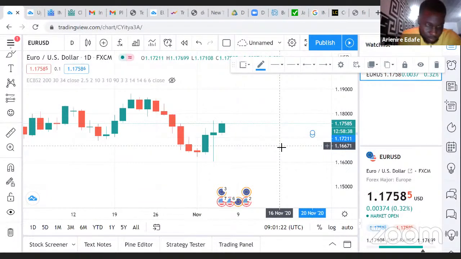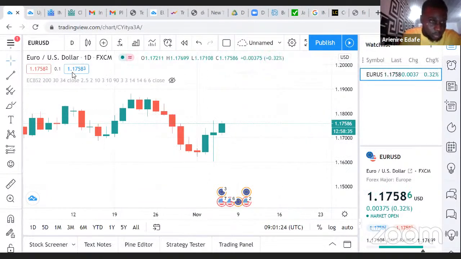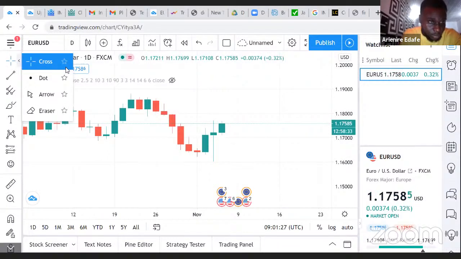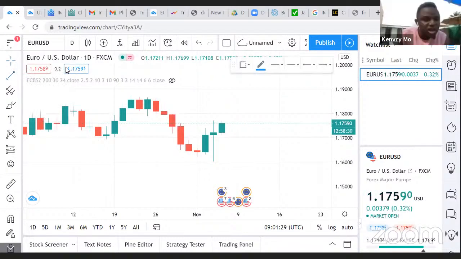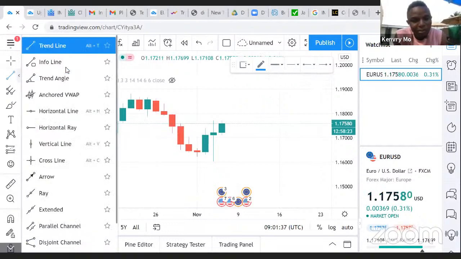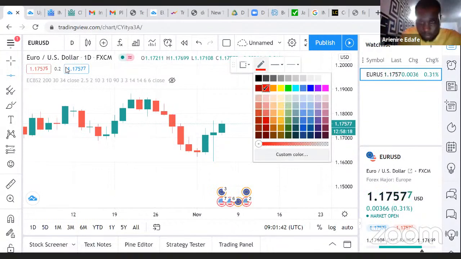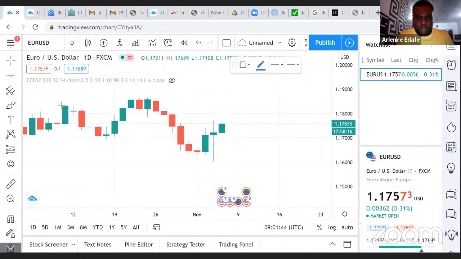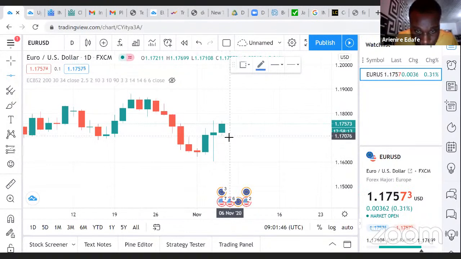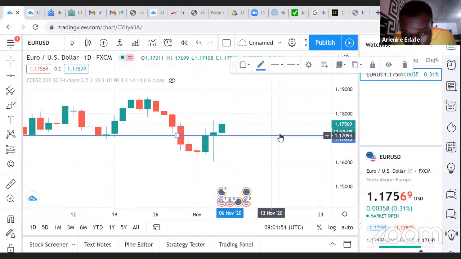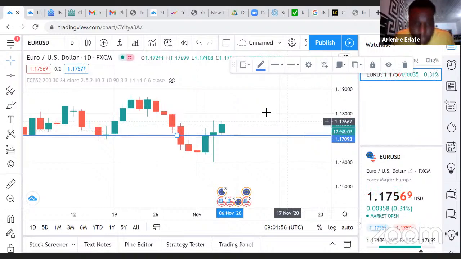Come in. No, it's the second one. Click on the side of it. You get the horizontal. That's what I'm looking for. Okay. I'm getting my supports for a day.